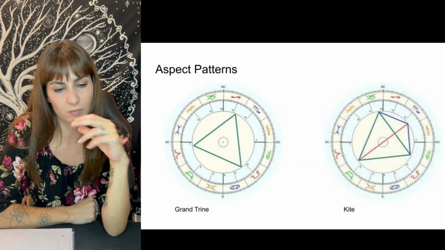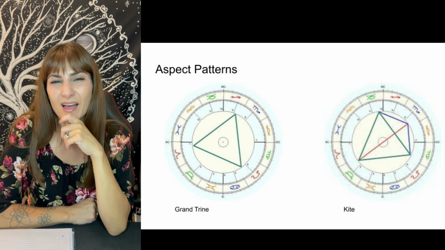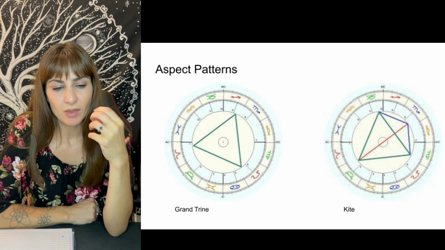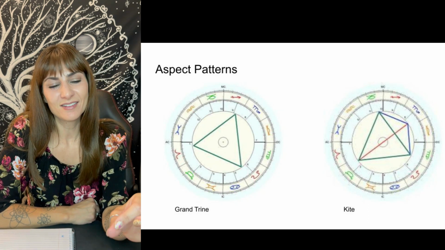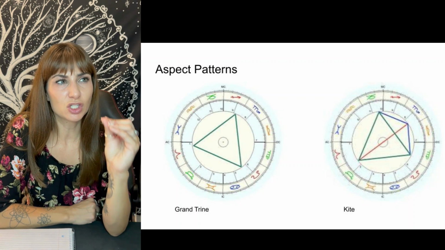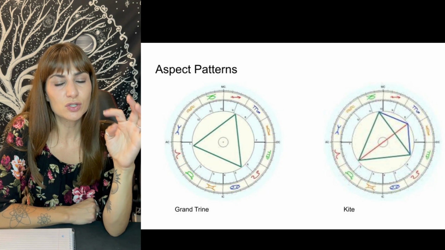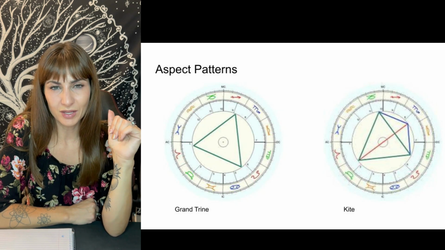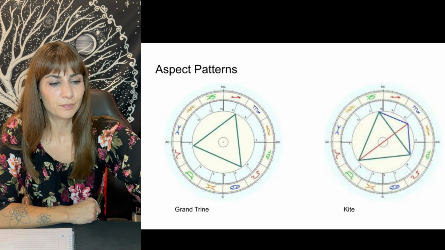I hope that they're blue lines on here. So that's a lot of ease. That's a lot of nice. But because you have an opposition, you've got just enough tension that this person is usually going to use their gift. They're usually not going to be so lazy with it, with a kite. I far prefer a kite pattern to a grand trine.